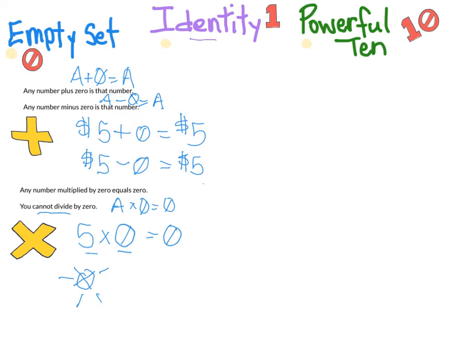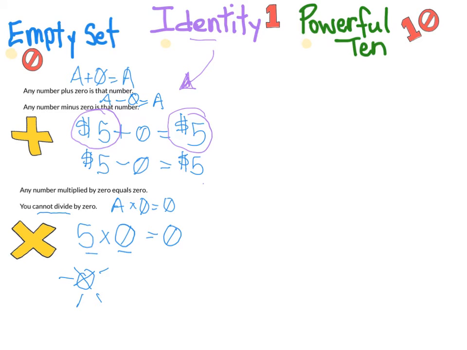Let's look at the identity property. Now, the identity property for addition is the same thing as the empty set property. Because if you look at that $5 bill that wanted to be a chicken bento so bad, unless you can add another dollar or two to it, it will never be anything but a $5 bill.